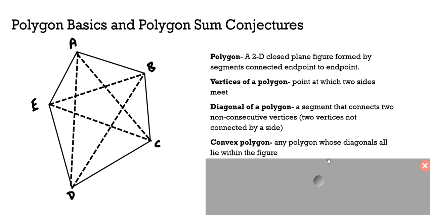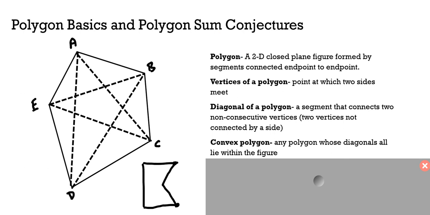Convex is any polygon whose diagonals all lie within the figure. This pentagon here is convex because all the diagonals lie within the figure. There are no diagonals that go outside the figure. I'll sketch a simple one right here that isn't convex. If you take another pentagon here, it's not very well drawn, but that's another pentagon.